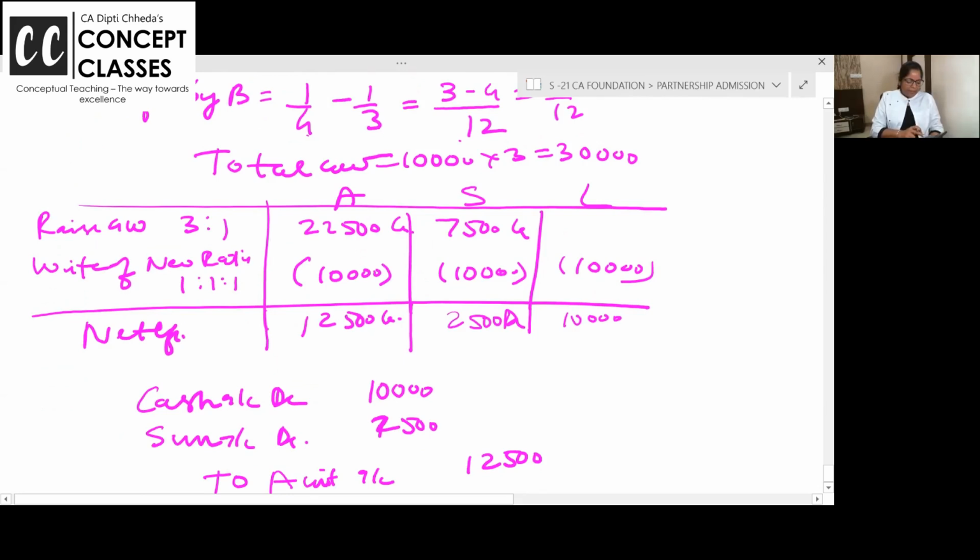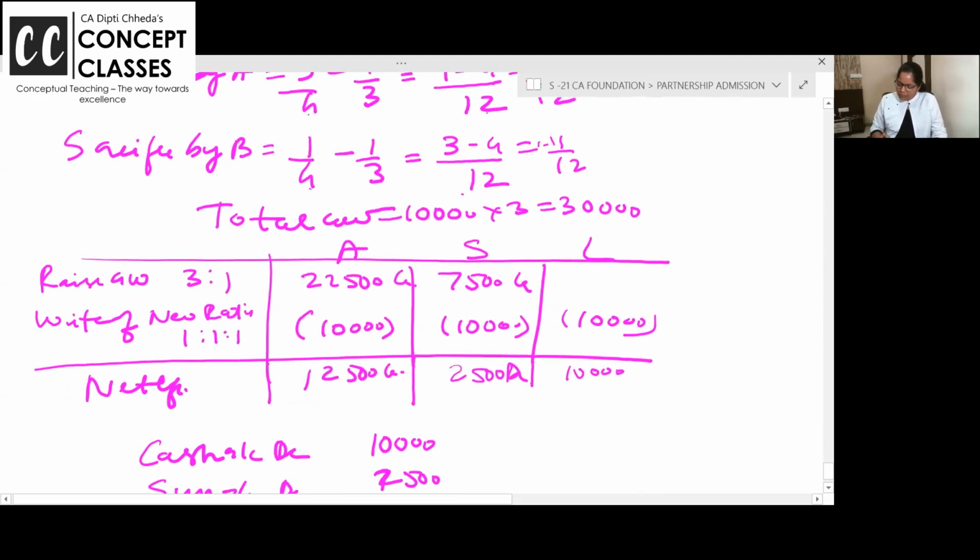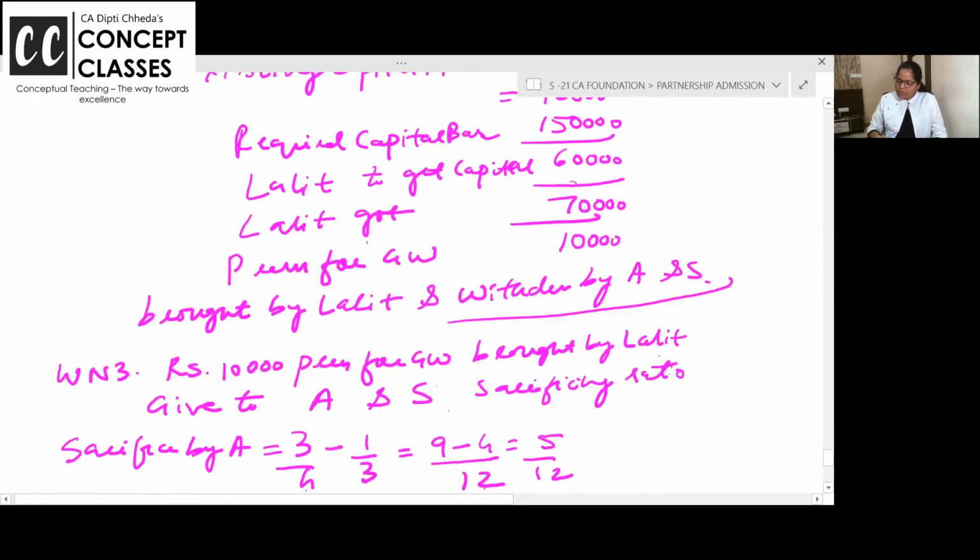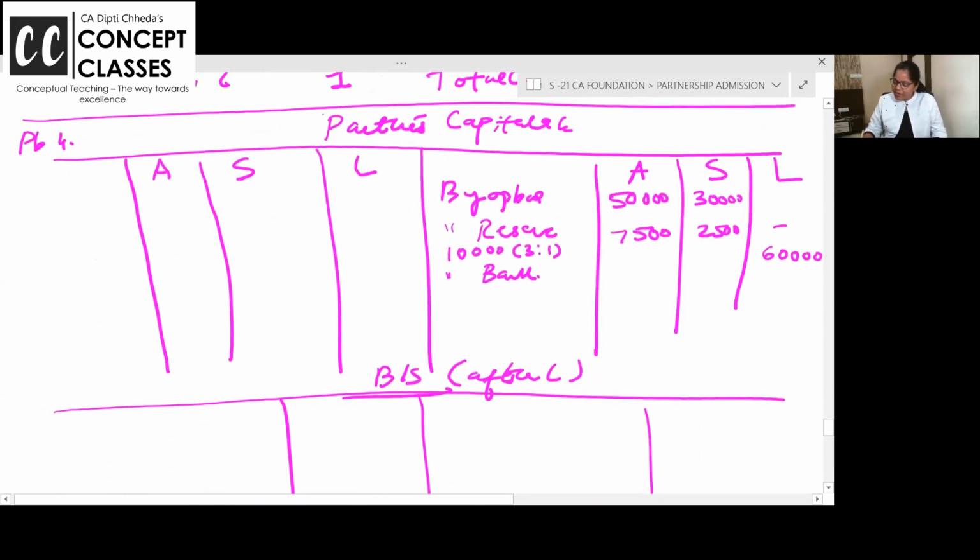Write it down. If there is any doubt in the adjustment, ask. Nice, clear to all of you? So can we post this? Give 12,500 goodwill to Amit. By bank 10,000 which Lalit brought and 2,500 Sumit is giving to Amit.